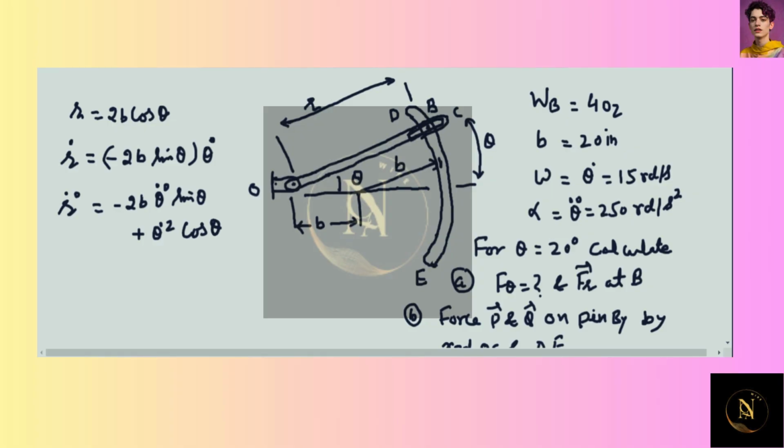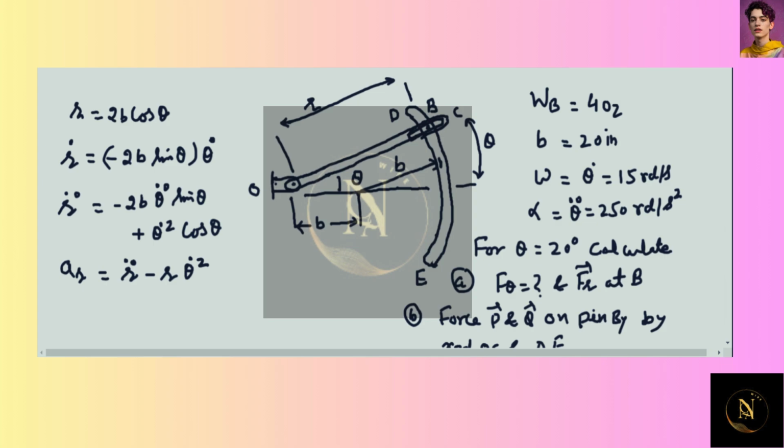So we will get radial acceleration is double derivative of r minus r into square of single derivative of theta.